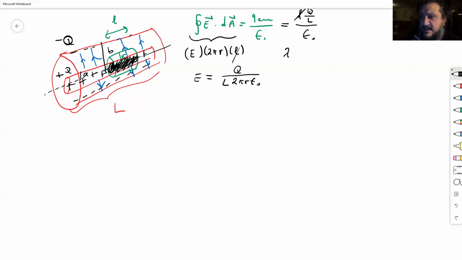Let's give this guy a name. Lambda is equal to Q divided by L. Therefore, electric field is equal to lambda divided by 2 pi epsilon 0 divided by r.